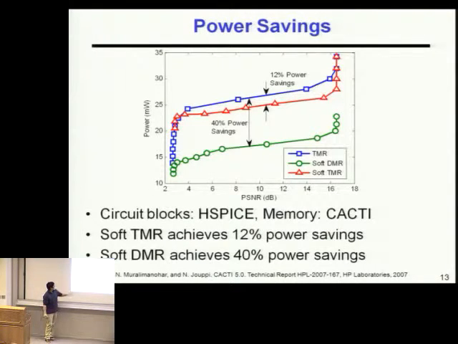If we draw the axis in terms of PSNR versus power, we can see that soft DMR achieves around 40% power savings due to the fact that one replication is reduced. And then soft TMR also reduces power, as the reliability can be traded off for reduced supply voltage.